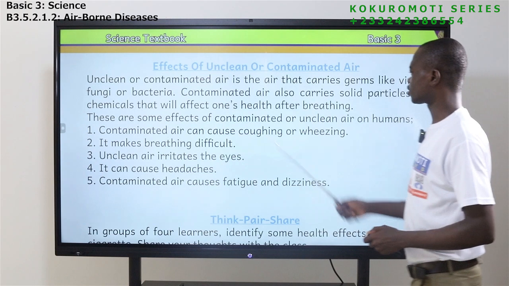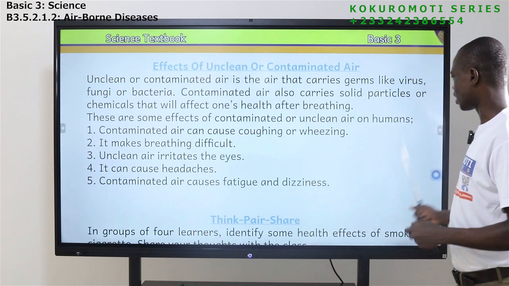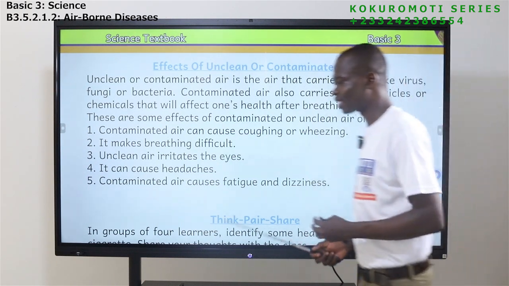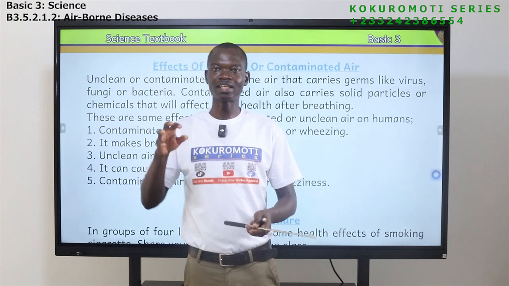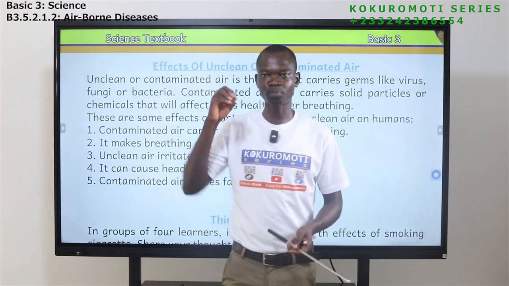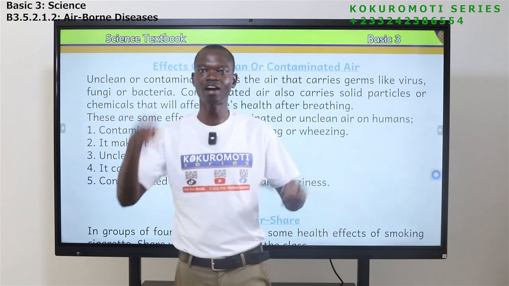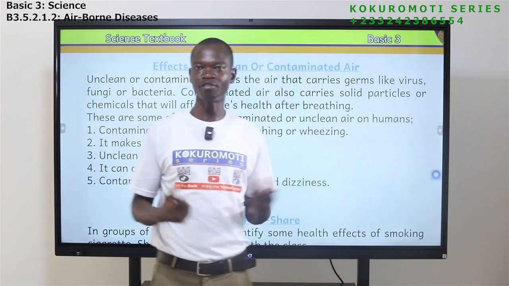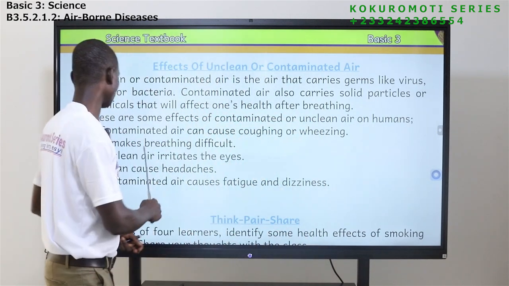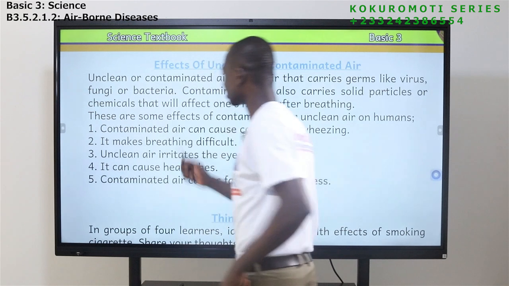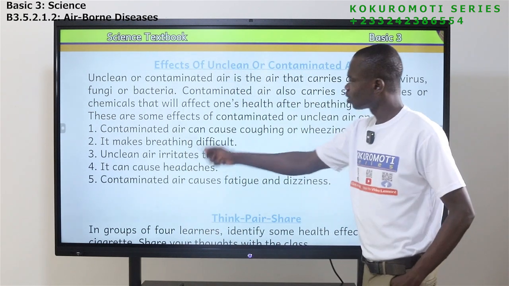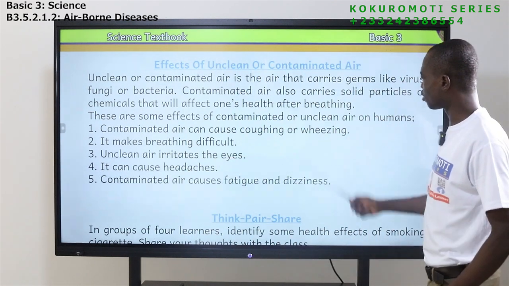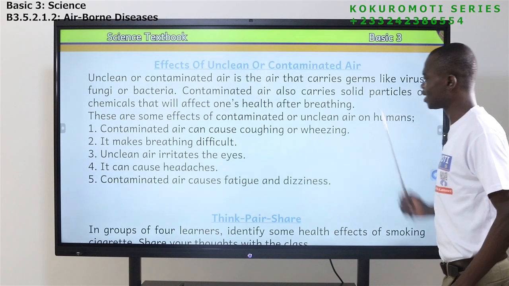These are some effects of contaminated or unclean air on humans. If you breathe in air that is contaminated, air that is polluted, air that contains harmful particles, you will have effects. Let's look at the effects we will have whenever we breathe in contaminated air. Contaminated air can cause coughing or wheezing.